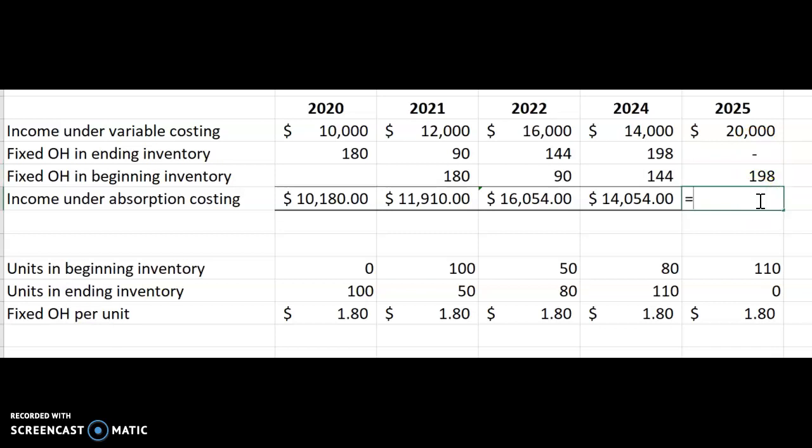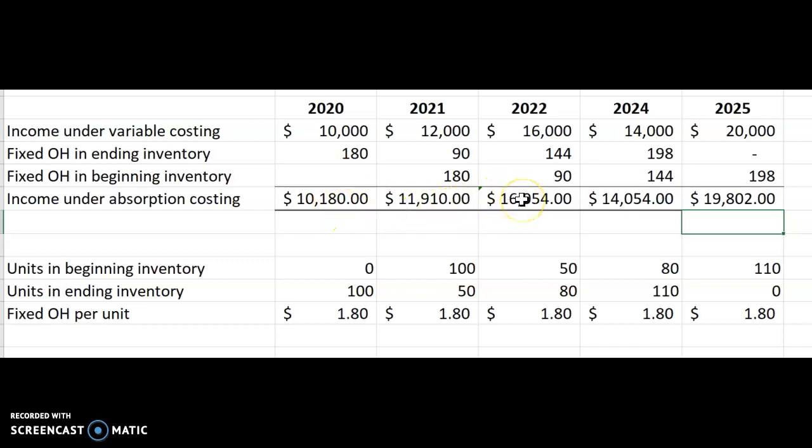So our income under absorption costing will just be the income under variable costing minus the fixed overhead in beginning inventory. Okay. So we can see in 2020, the fixed overhead in ending inventory was more than in beginning inventory, so income under absorption costing is higher.